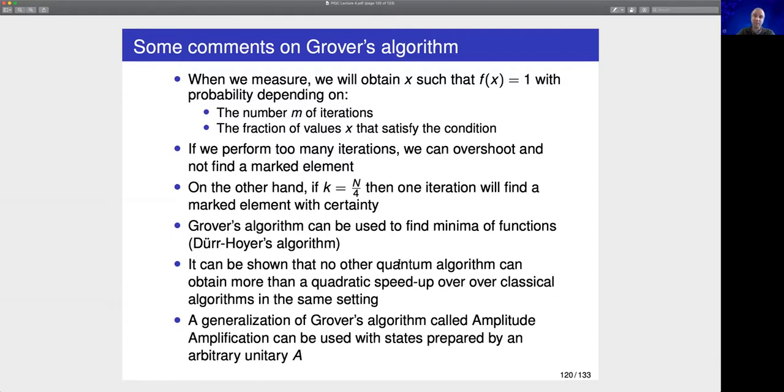And also something that is very interesting is that you can prove that there is no quantum algorithm that does better than Grover in this kind of problem, in the sense that you cannot obtain a speed up that is, for instance, cubic or better than quadratic in general. Okay, and this can be proved with several different methods.